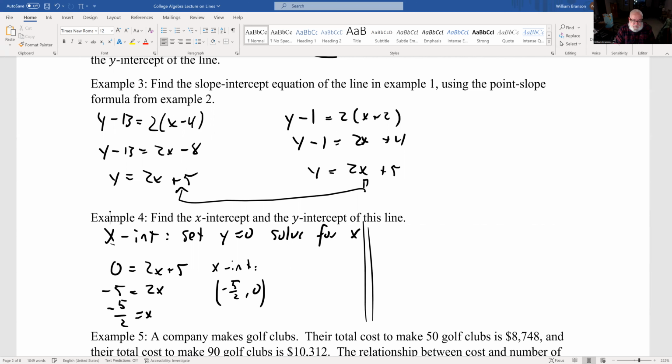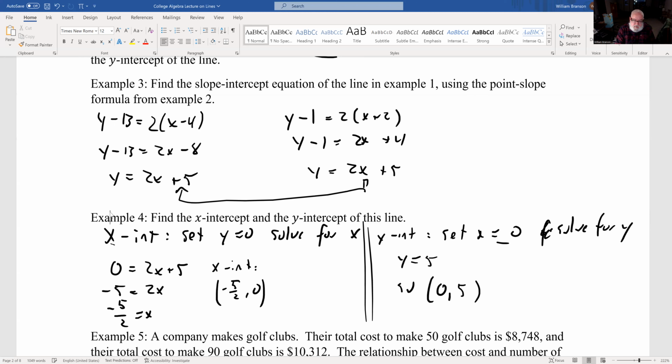For the y-intercept, set x equals 0 and solve for y. And with this, it's actually pretty easy. You just get y equals 5. So x is 0, y is 5, is the y-intercept. That's that number, the y-coordinate of the y-intercept.